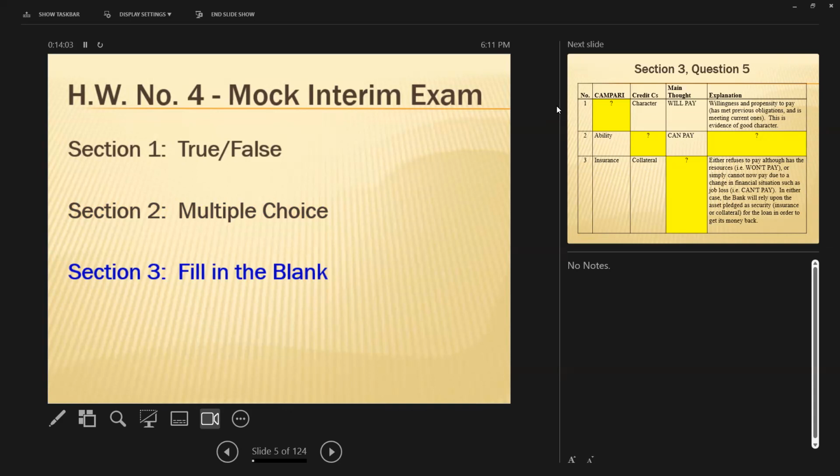Question 1, the missing information is the client's pool of assets less their liabilities.